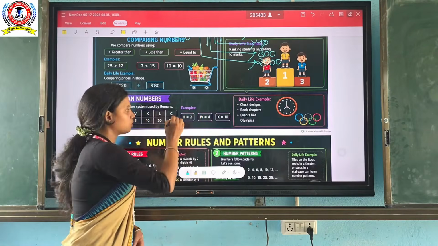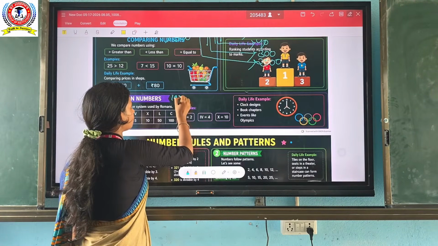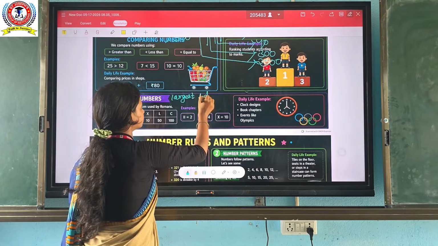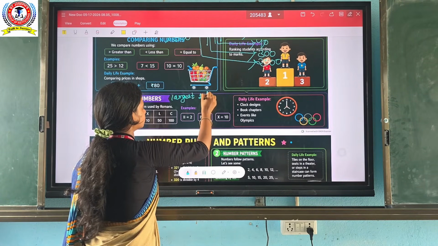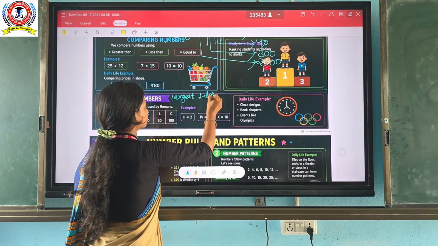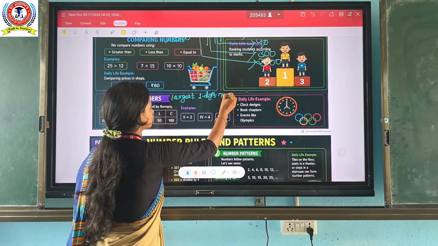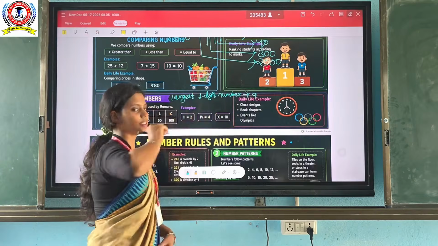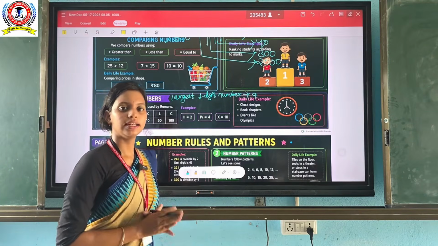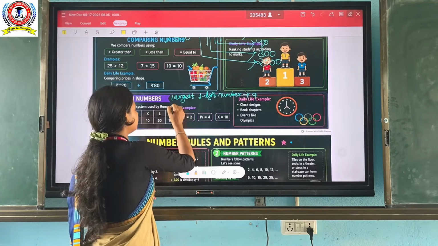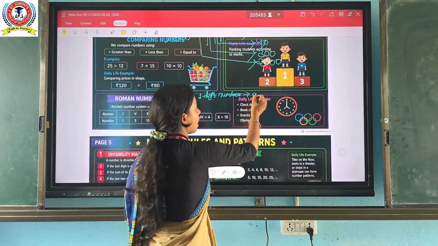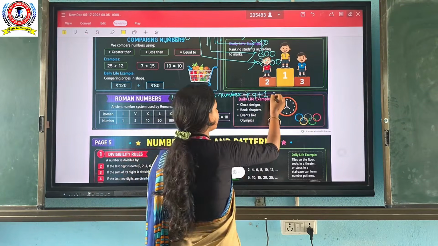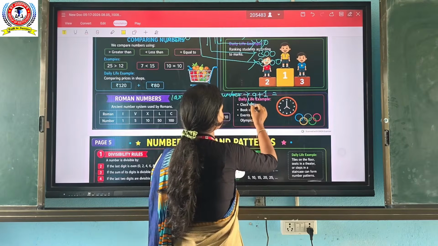Okay, so largest one digit number. Largest one digit number is 9. Okay, then when we add one to the largest one digit number, we get 10.